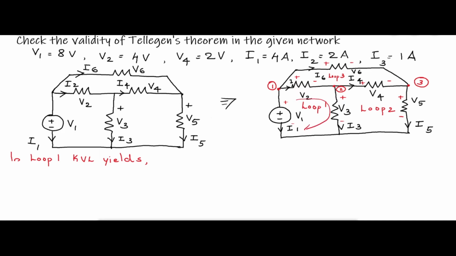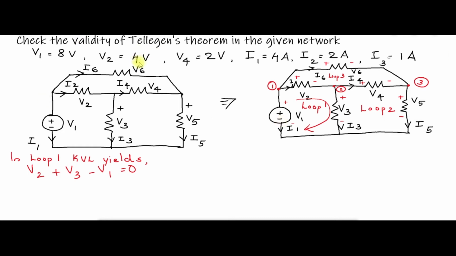Here it is positive, so plus V2, then positive V3, plus V3, then the loop goes in this manner. Here it is touching minus, so minus V1 equal to 0.